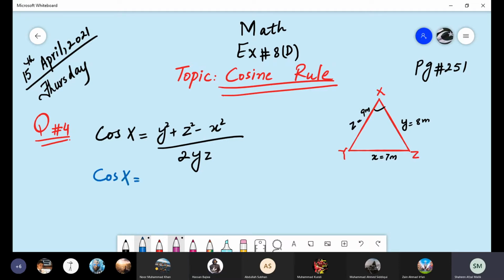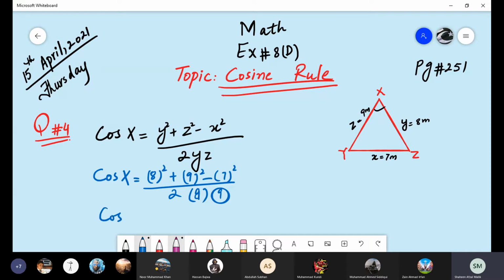Cos X is equal to, what is Y? Y is 8 square. What is Z? Z is 9 square and X is 7 square, divided by 2 times 8 times 9. Be careful when substituting the values.